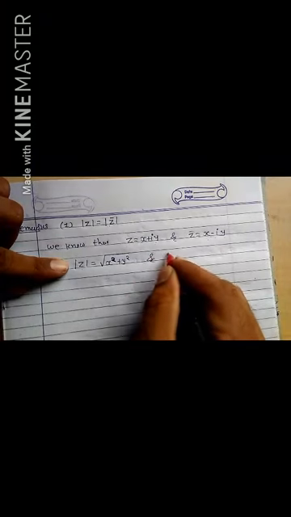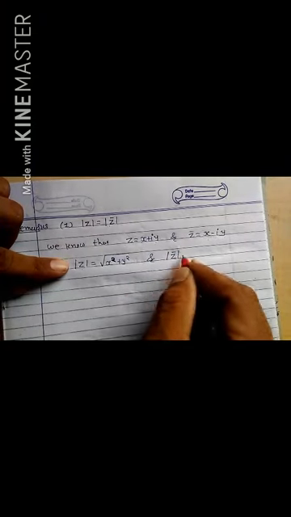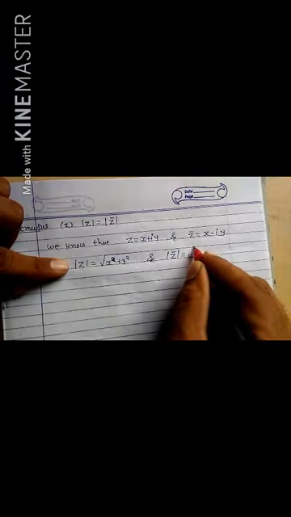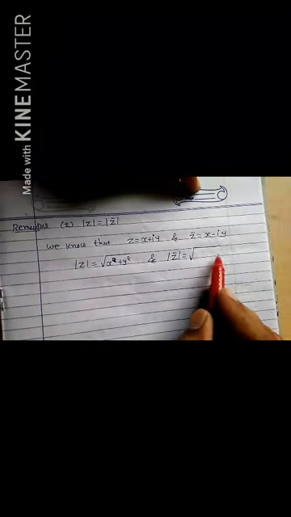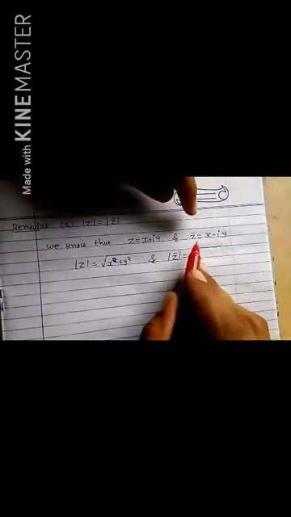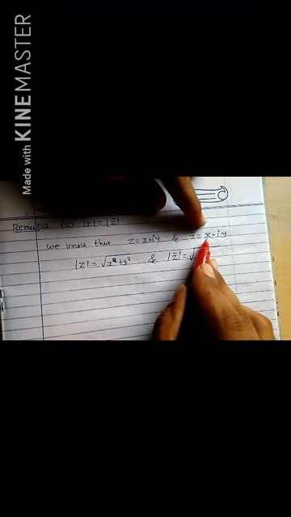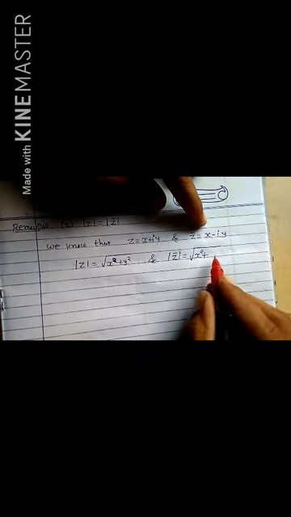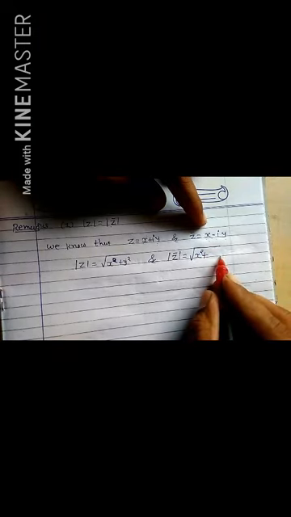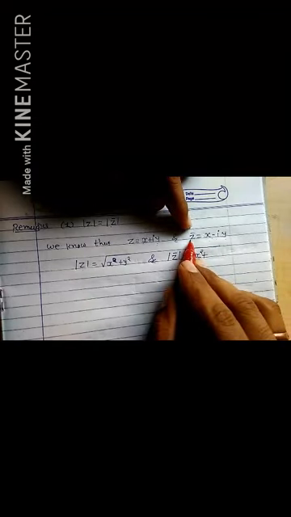And what is the modulus of z bar? It is the square root of real part square plus imaginary part square. In z bar, the real part is x, therefore here x square plus the imaginary part. What is the imaginary part of z bar?